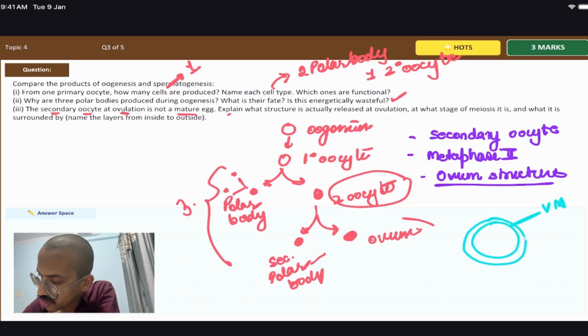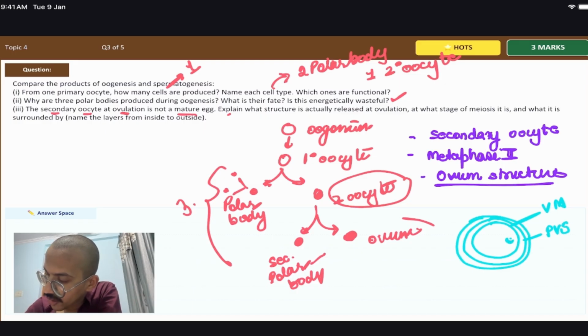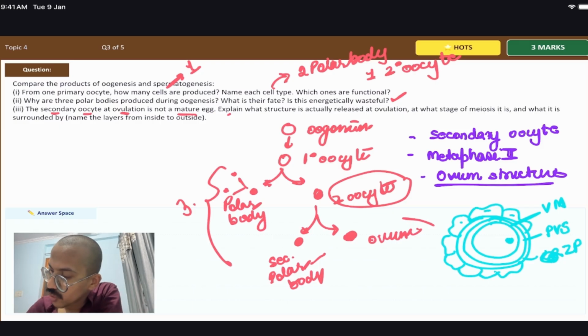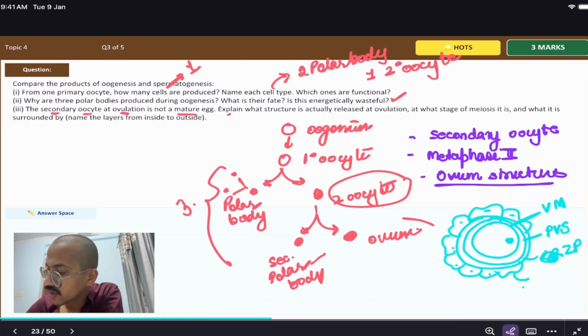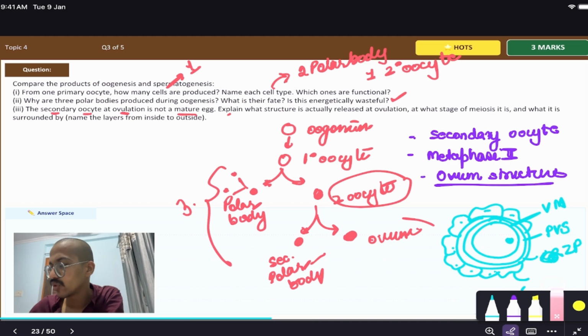Then there is a space called the perivitelline space. Then you have the vitelline membrane. So this you can simply write up.